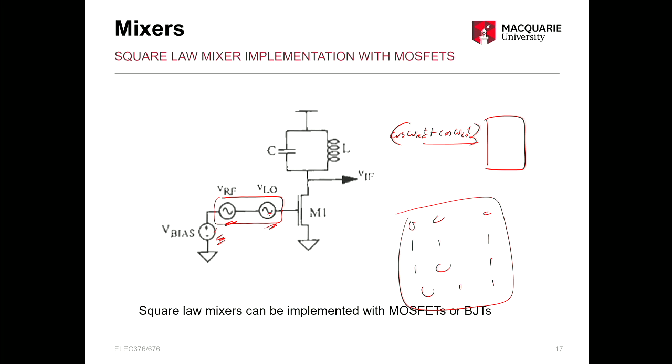Of course, you need a bias for that. Without an input, you still need to make the MOSFET operate with a certain Q point, some particular current flowing. Once you do that, you get the IF signal at the output.